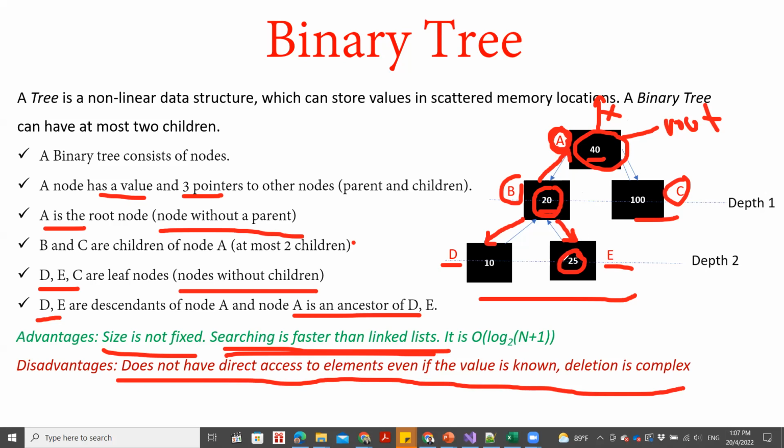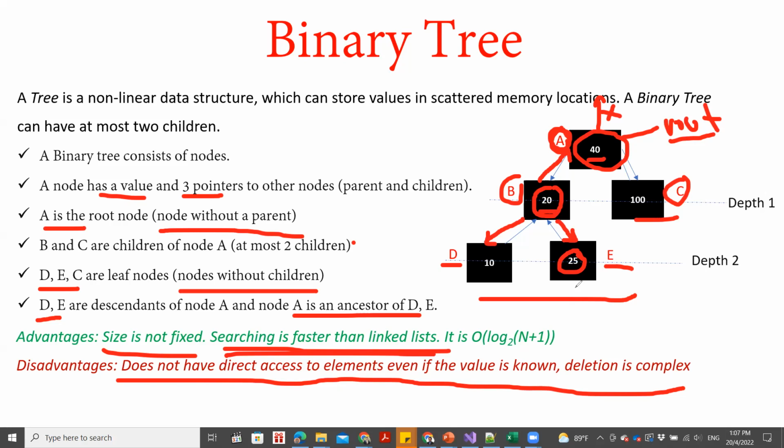Now, even in a linked list, you have this head and tail, right? So you don't have to go all the way from the head node, especially in a doubly linked list. Whereas in this example in a tree, you will have to start from root and go all the way down over here to access this node.